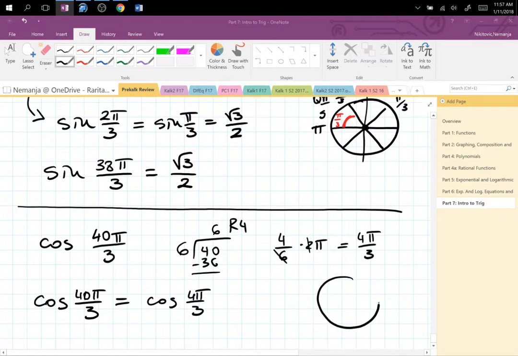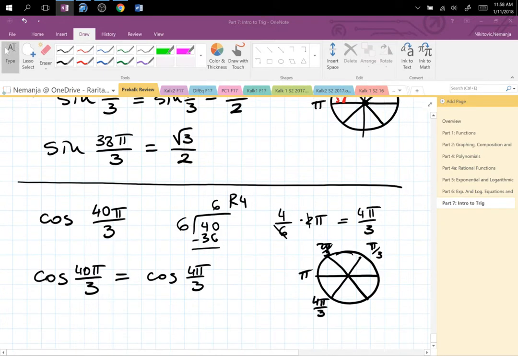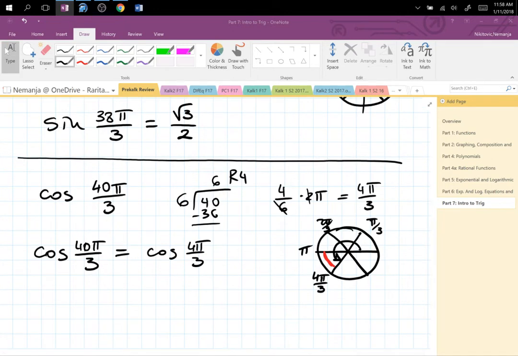Now, on the division side over here, we have pi over 3, 2 pi over 3, 3 pi over 3, and 4 pi over 3. We are in the third quadrant. So this is the original angle, and then we have the reference angle theta, which is the red one. But now all students take calculus.